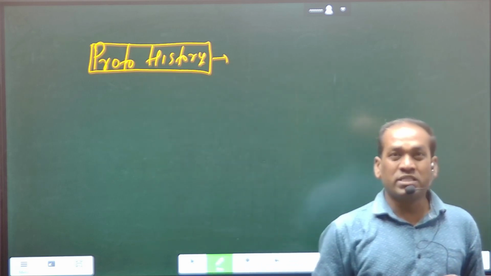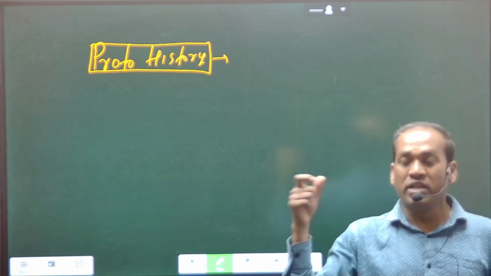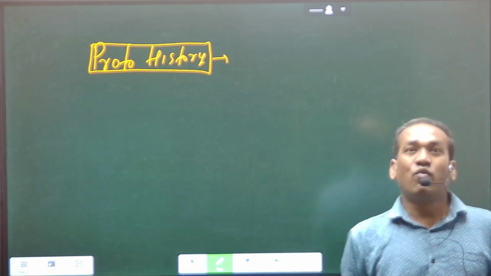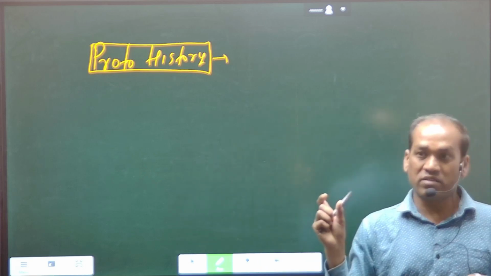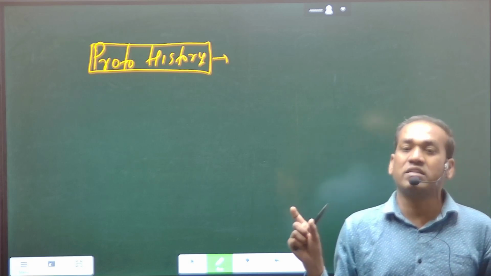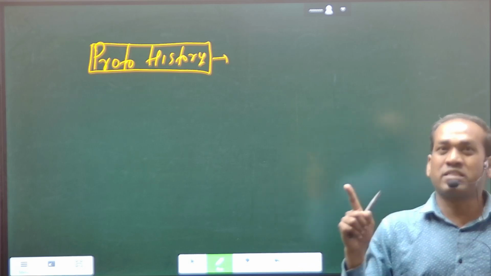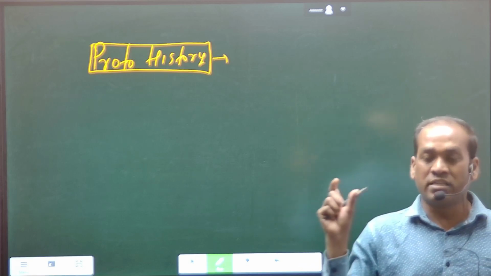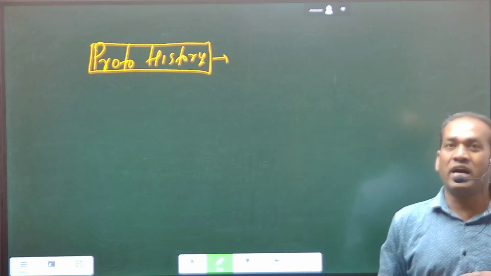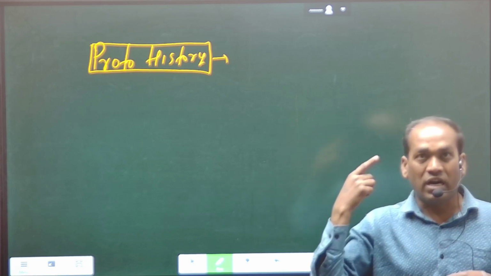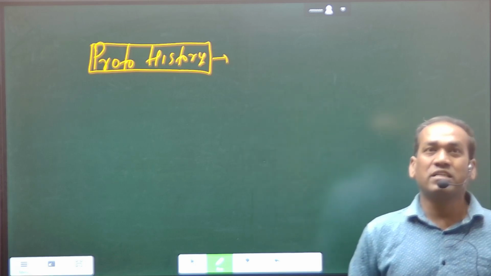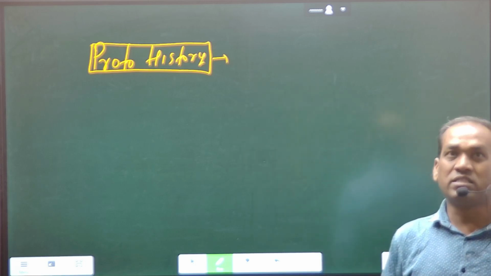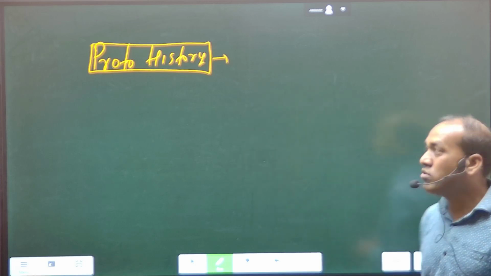Proto-history is the time period of history where we actually have the written records. We have written records, but the script used in those written records we are not able to understand. So that period is called proto-history.